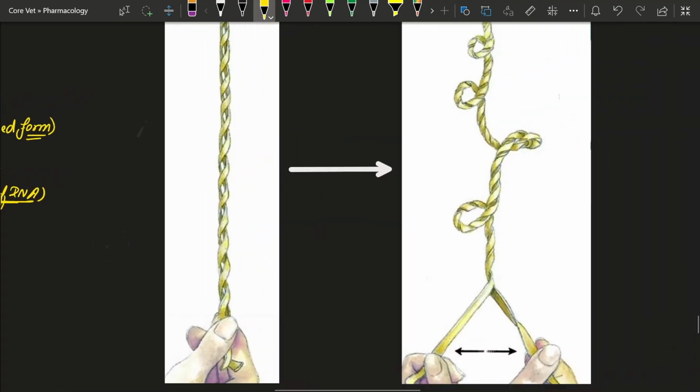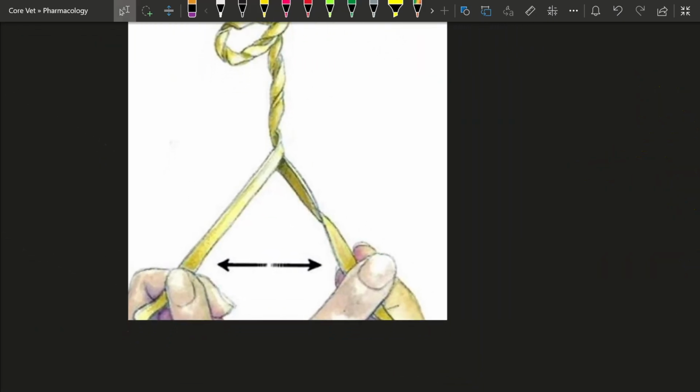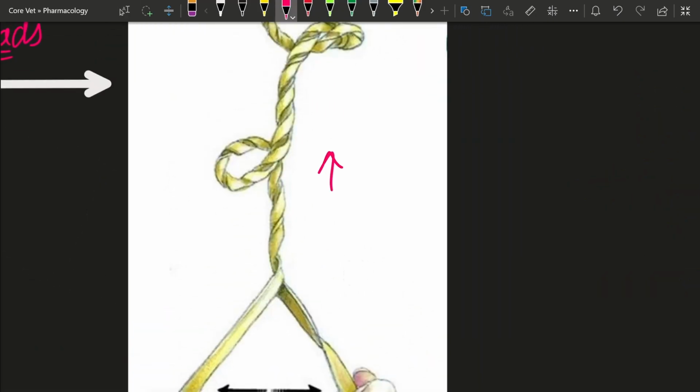See, take a thread. If you roll two threads together, and then you open up the two threads, a strain or stress is created on the threads.